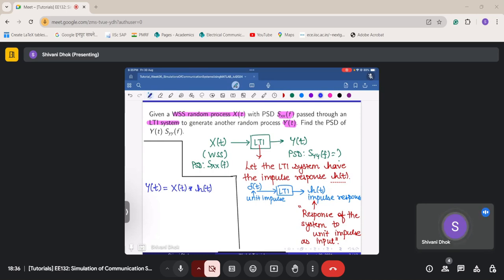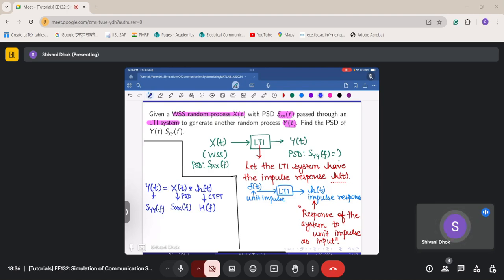Okay, and let's say this h(t) has its Fourier transform H(f). This x(t) has PSD Sxx(f), and this y(t) has PSD Syy(f).